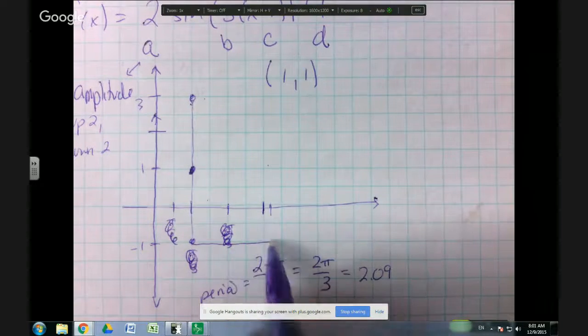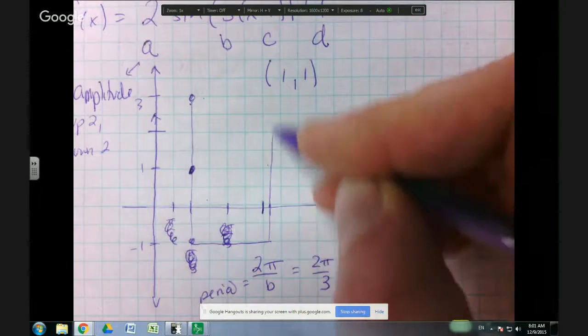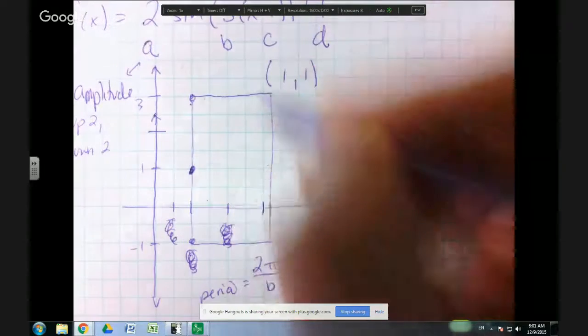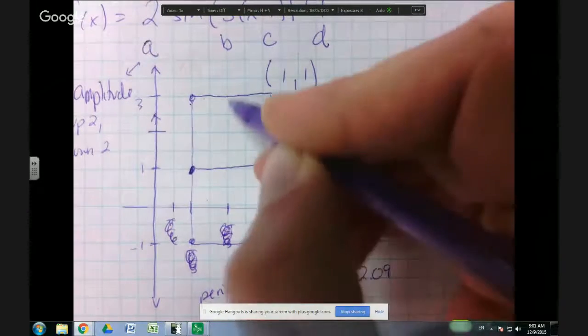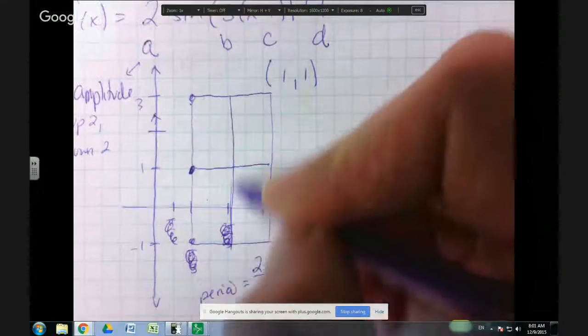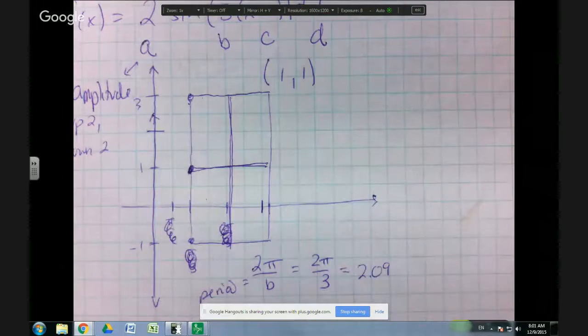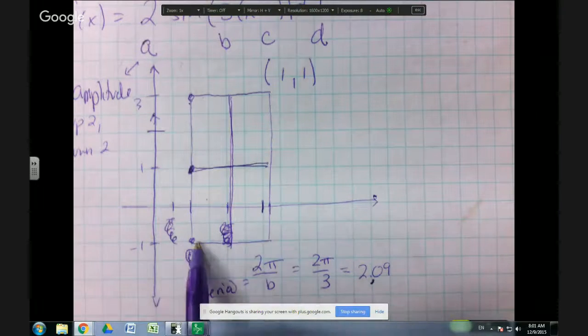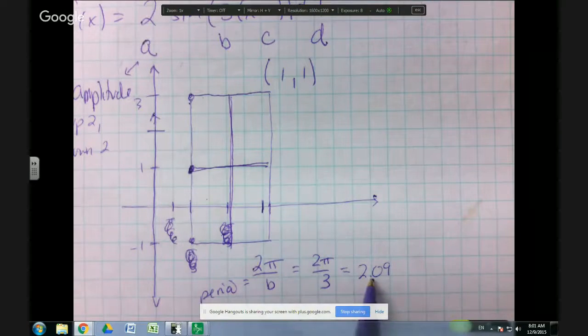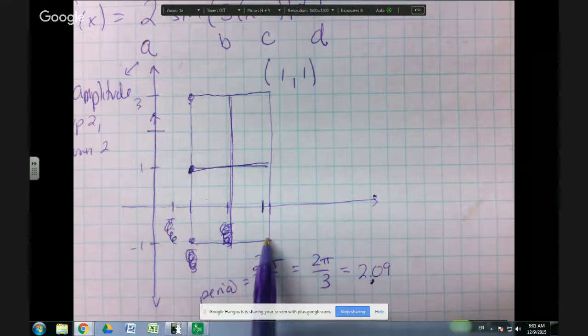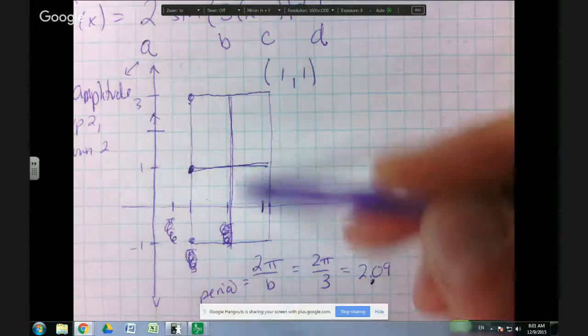So here's our window pane. So this point was 1 on the x. I need to go 2.09 more than that. That gives me my period, or the width. So here's my halfway mark.